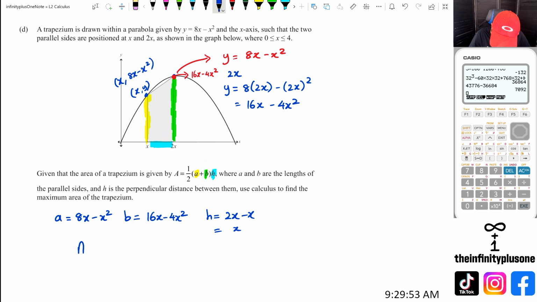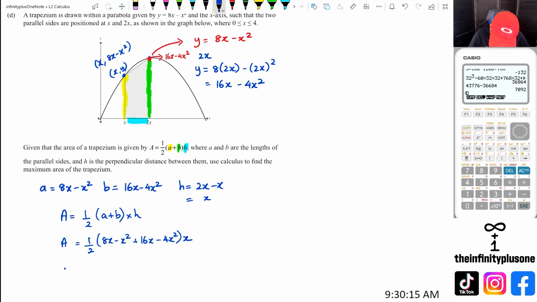So if we look at the area, we've got a half multiplied by A plus B times H. So we're going to get a half multiplied by 8x minus x squared plus 16x minus 4x squared, multiplied by x.